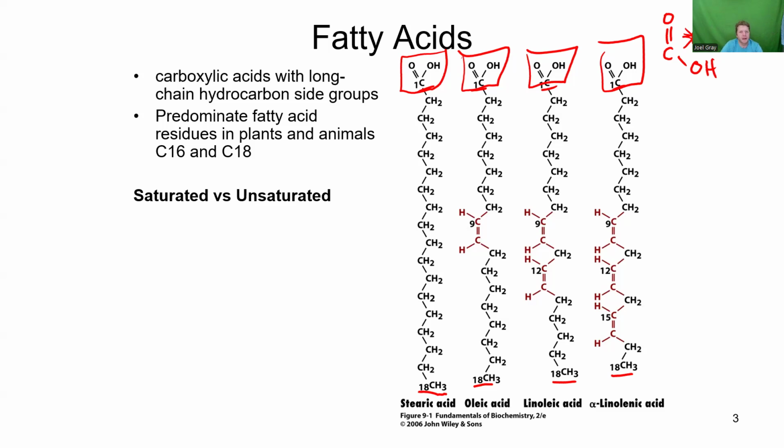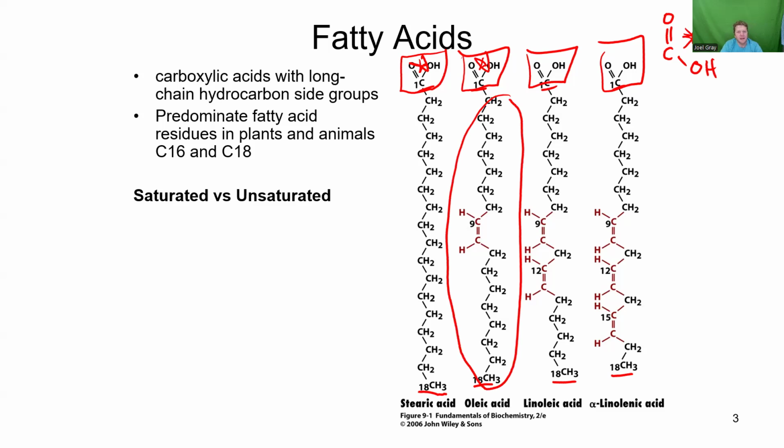Now, when we talk about a saturated or an unsaturated fatty acid, what we're referencing is basically, does this molecule have double bonds or not? And whenever I say, does it have double bonds, I'm omitting this double bond right here. Instead, I'm looking at my hydrocarbon chain and I'm asking, is there a double bond there?